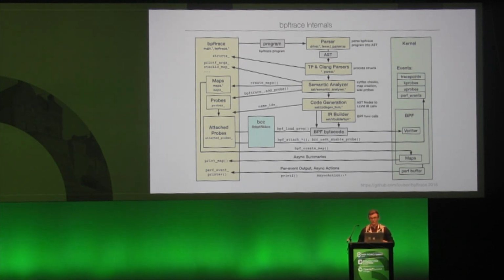So once your BPFtrace session does end, whether that's through the exit built-in or just pressing Control-C, we detach our tracepoints from any events they're attached to, we unload our program from the kernel, and then finally we request all the data that's been written to maps during the lifetime of our program and put it back into user space. So this is all the aggregated data we've hopefully been collecting. Now we collect it back into user space and print it out to the user.